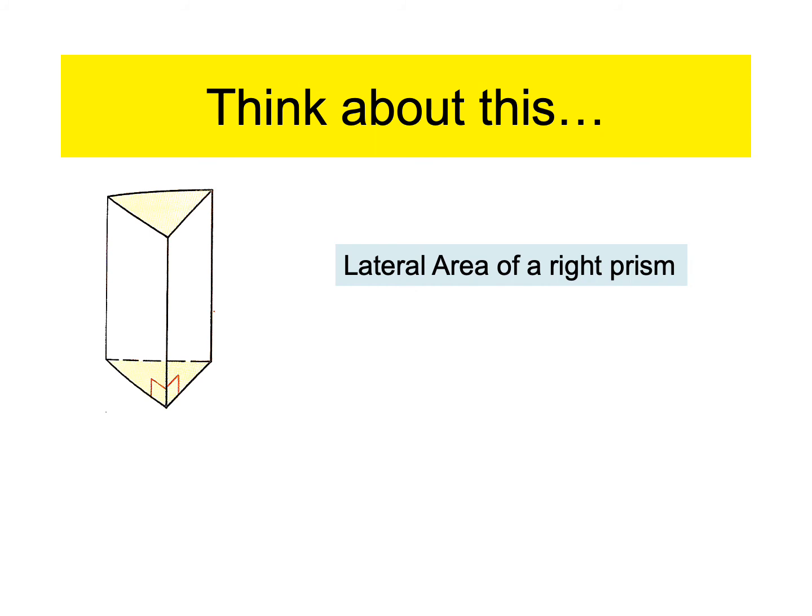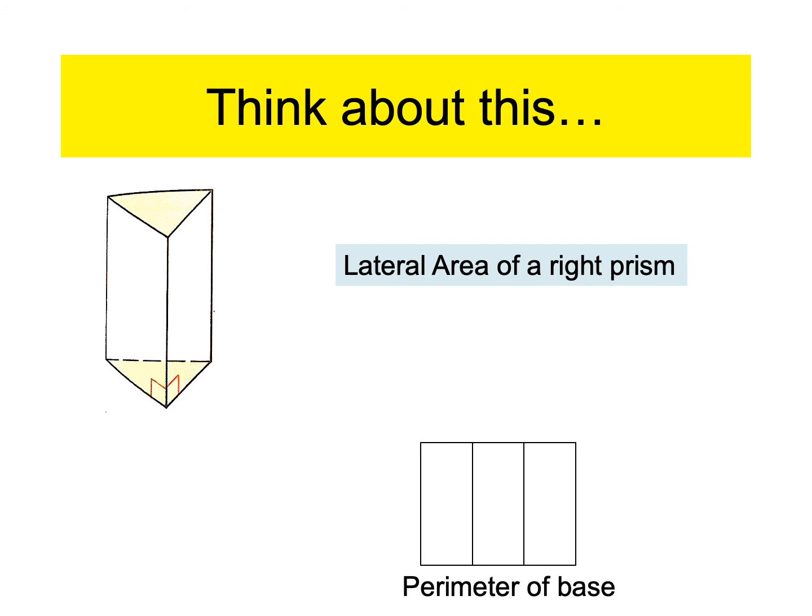So if we just cut the 3 sides, the non-yellow part right here, and we folded it out, it would look like that. Okay, well, think about this. That bottom edge of those 3 rectangles right there, well, that's basically the perimeter of one of those triangles. In other words, the perimeter of the base. Now, that would be true whether it's a triangular prism or rectangular or hexagonal. The bottom of that right there would be the perimeter of one of those bases.